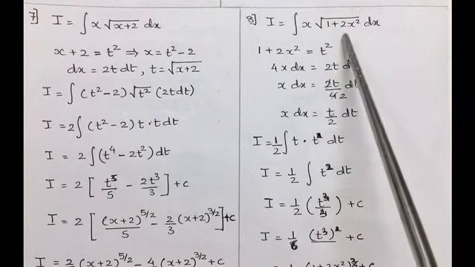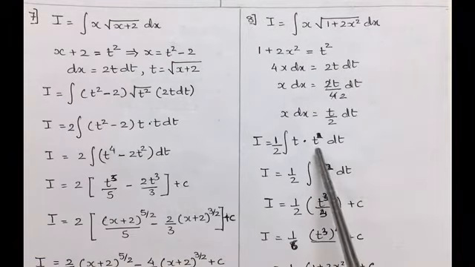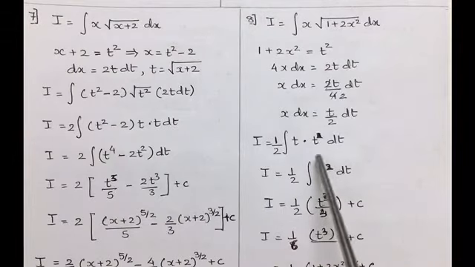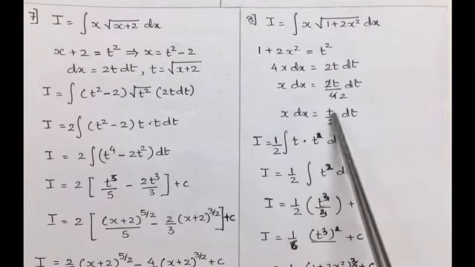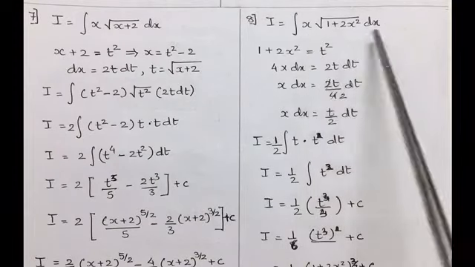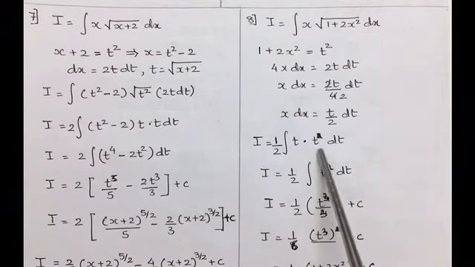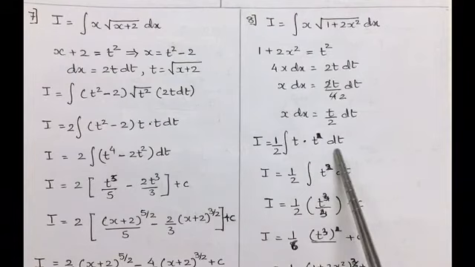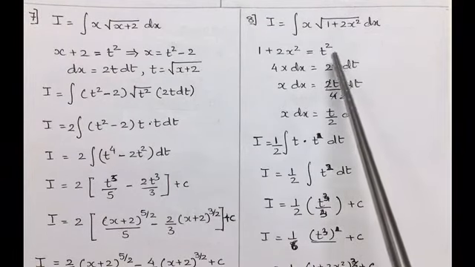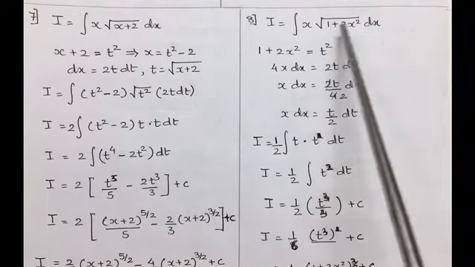Now keeping everything in their places, in the place of x dx, t by 2 dt is being kept. This 1 by 2 is being kept outside as it is a constant. So half is going out, t remains inside the integration dt, and root of 1 plus 2x square, putting there as t square, and root gives us t.